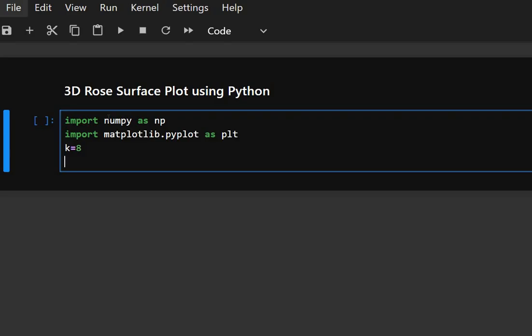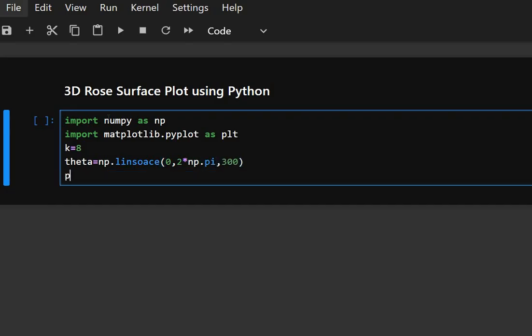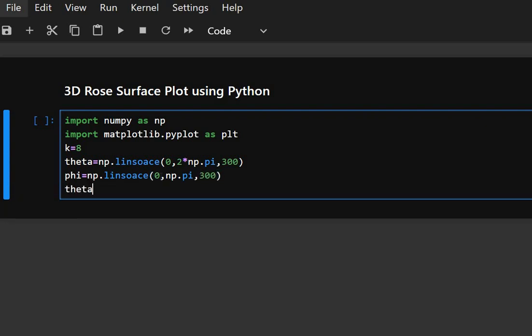And now we'll create a mesh grid for angles. Here theta goes from 0 to 2 pi, wrapping around the z-axis like longitude, and phi goes from 0 to pi, spanning from the top to the bottom of the sphere like latitude.